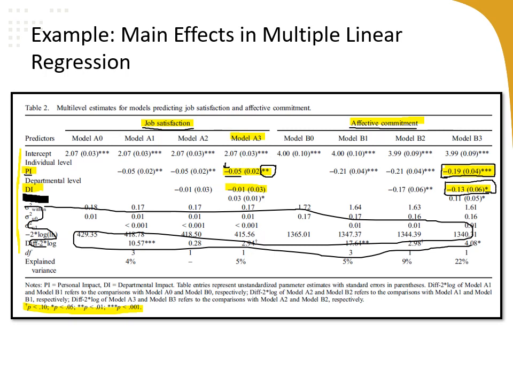So just based on this, you could say that those who have more of a personal impact of budget cuts tend to have lower job satisfaction and less affective commitment, even when you're controlling for departmental impact. And those who have a higher departmental impact of budget cuts also tend to have less affective commitment.